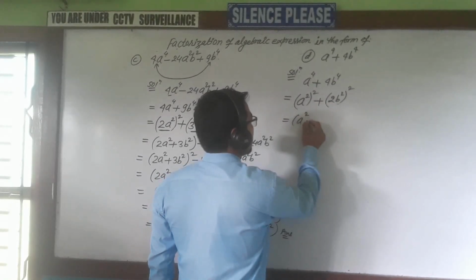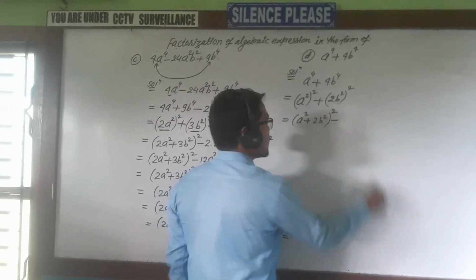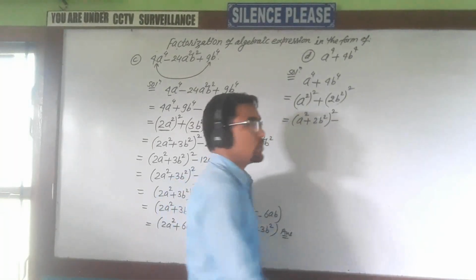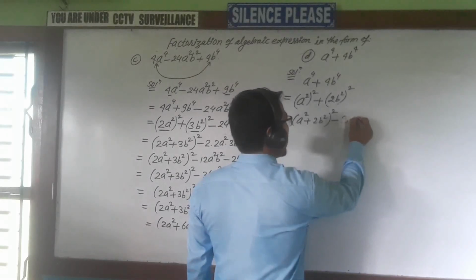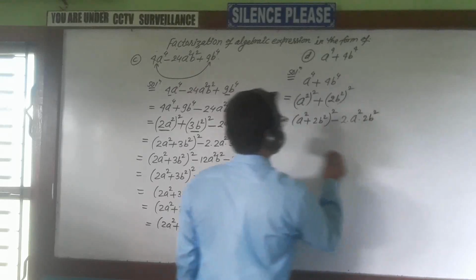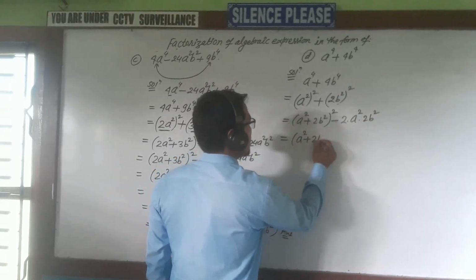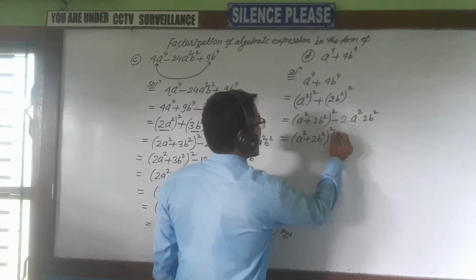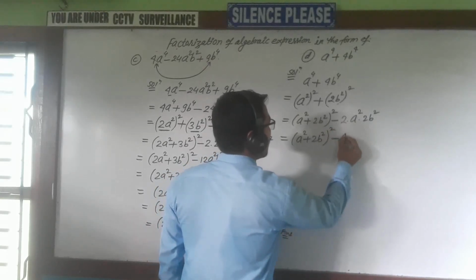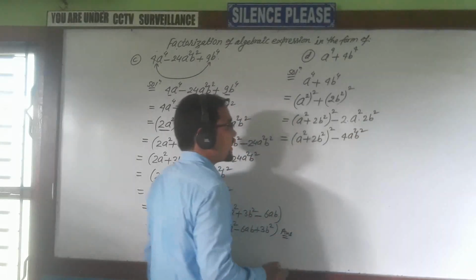A square is a, b is here 2b square. A plus b whole square minus 2ab, from the formula, into a is here a square, b represents here 2b square. Which we can write as a square plus 2b square whole square minus 2 2s are 4 a square b square. This we have to write by multiplying it here.